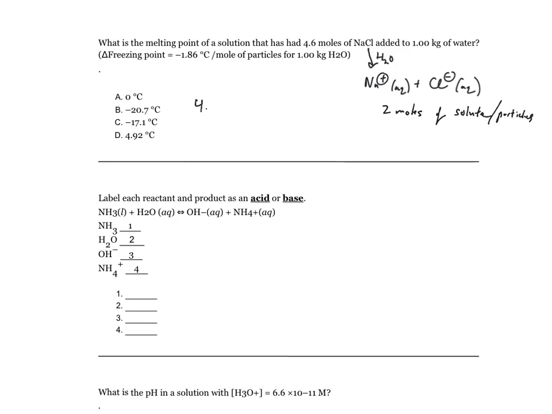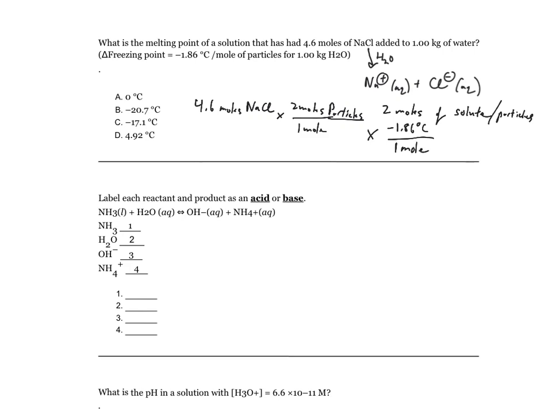So you get 2 moles of particles. If you've got 4.6 moles of NaCl, you get 2 moles per 1 mole. And then the temperature will drop 1.86 degrees Celsius per 1 mole.